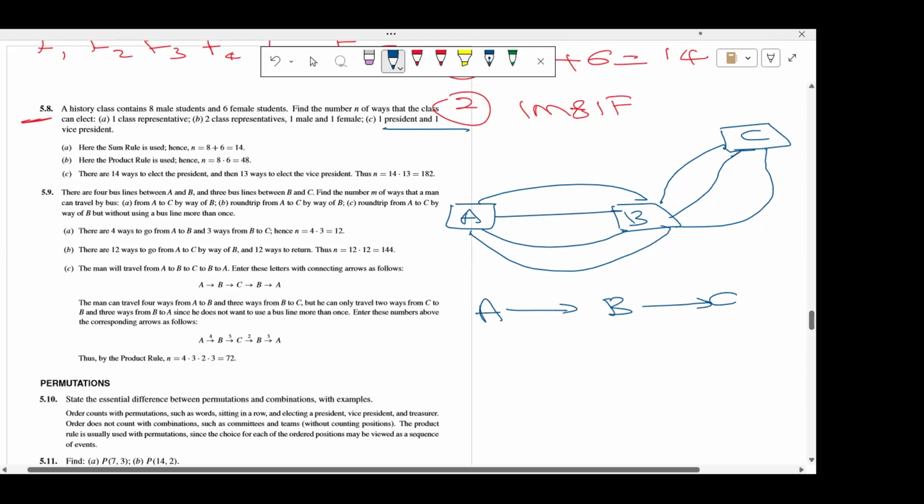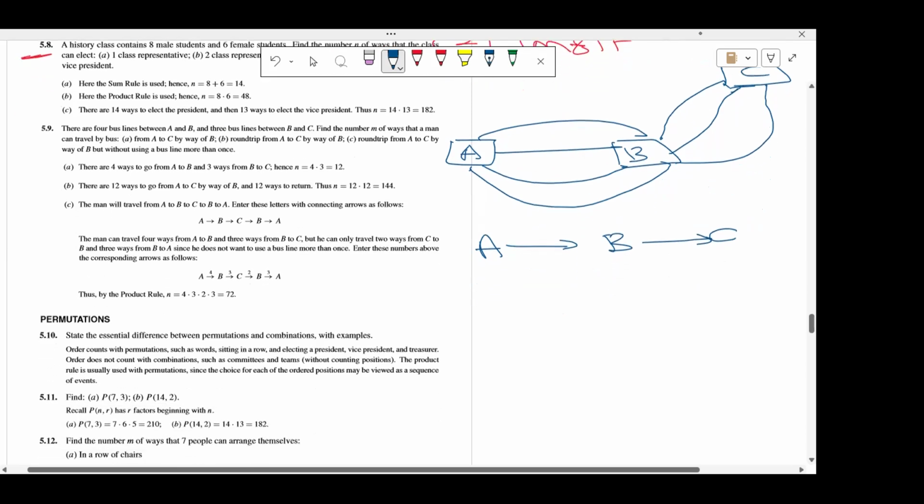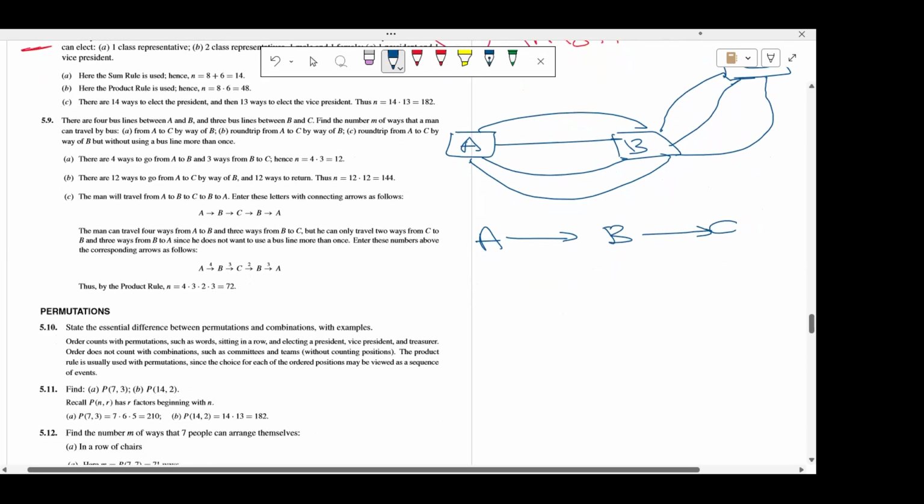How many possible ways can he select? So that's the first question. How many different routes do you have? How can we find out?